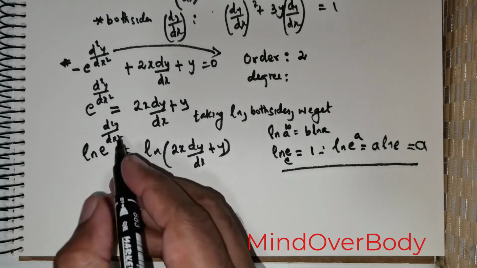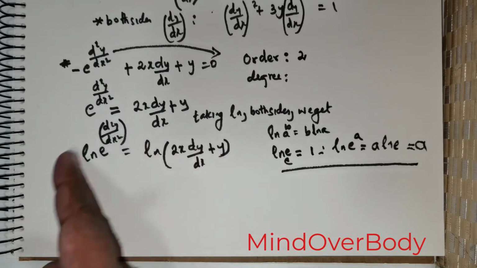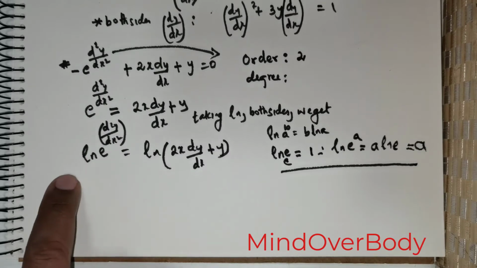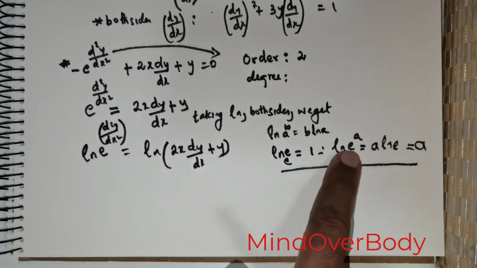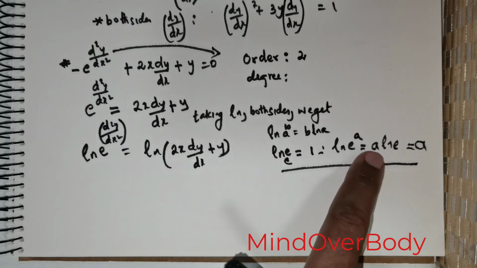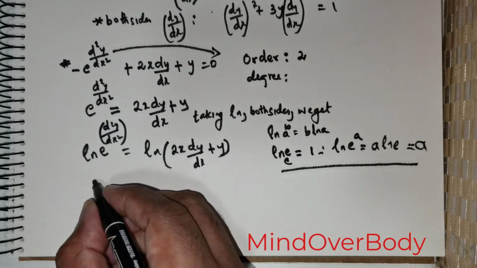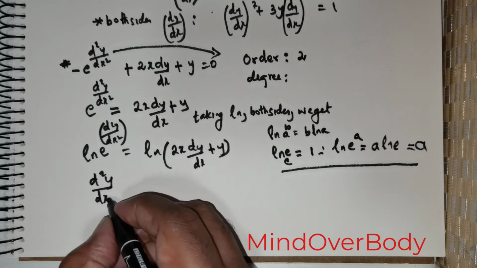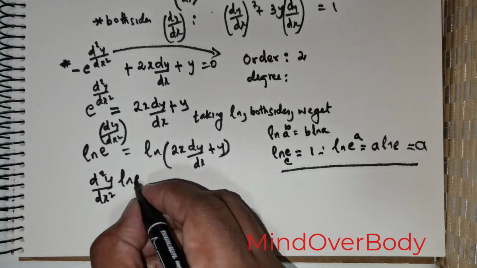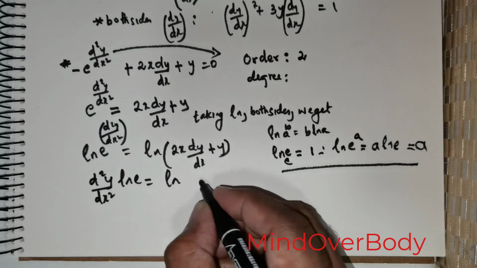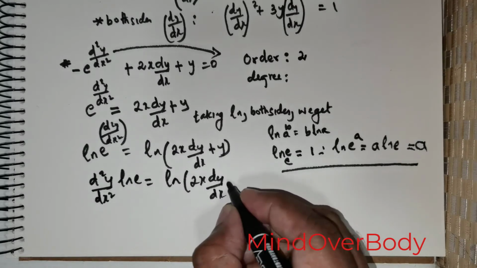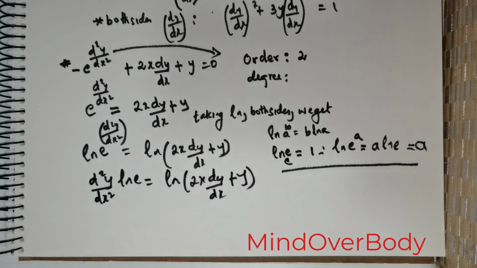So first, what I wish to do is bring the quantity to the forefront using this law. Ln e raised to the power of a can be written as a times ln e. So I'm going to do that. That's going to be d squared y over dx squared times ln e is equal to ln of 2 times x dy over dx positive y.